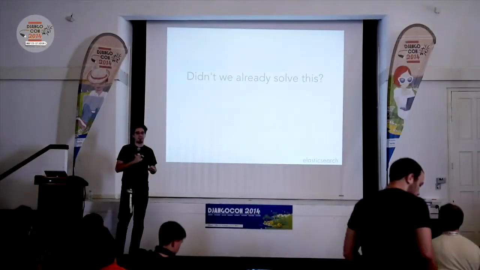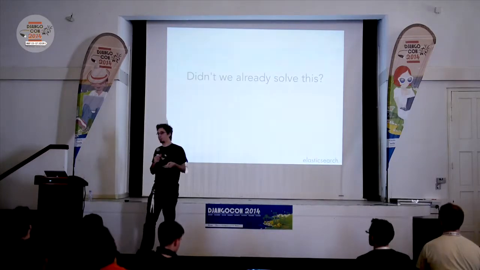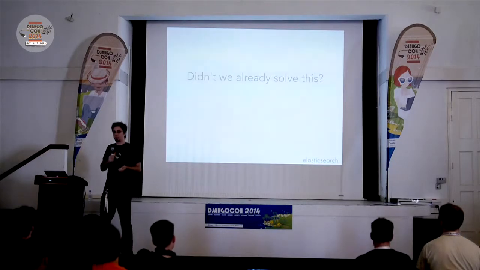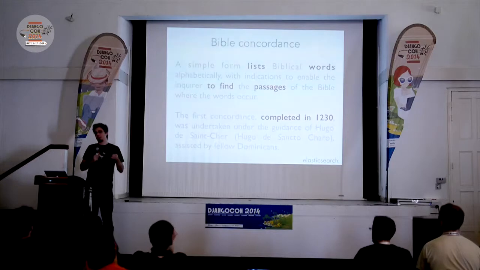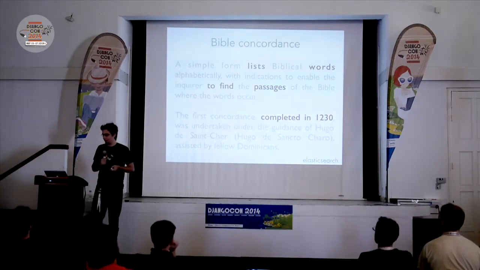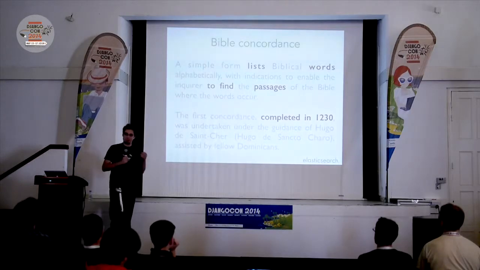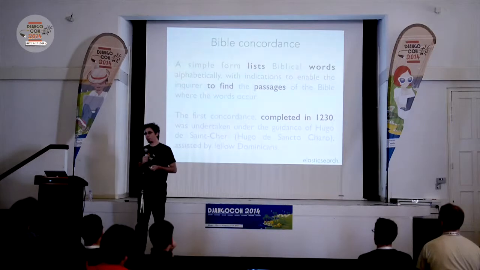So how do you actually solve this? This sounds like a problem that somebody must have had before, right? People have been around text and books for quite some time, so surely there must be a better way. In a monastery far, far away, around the year 1230, there was the first occurrence of an index in recorded history.